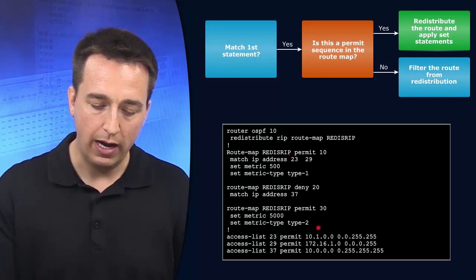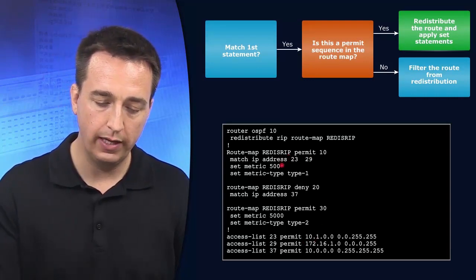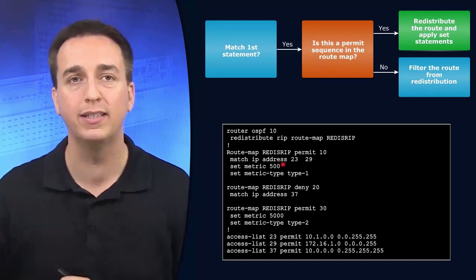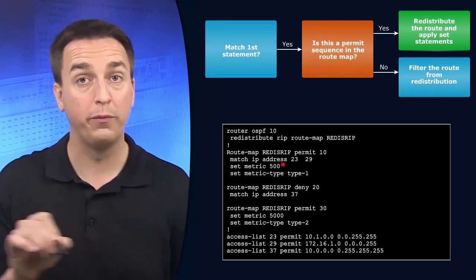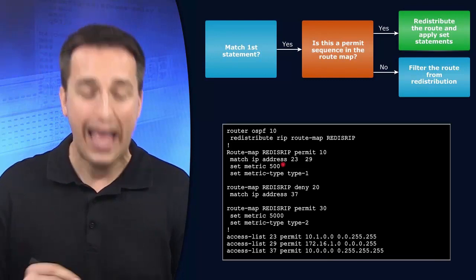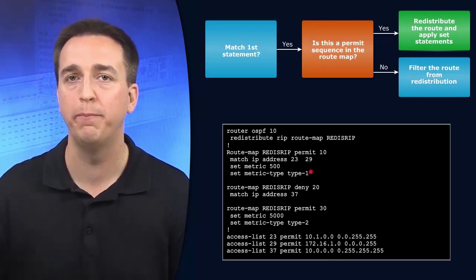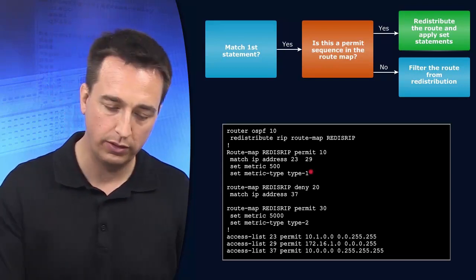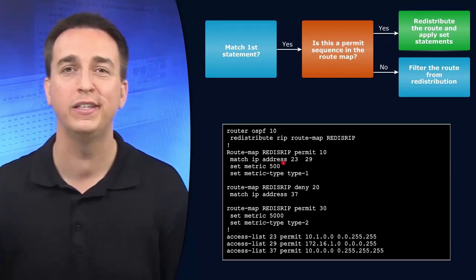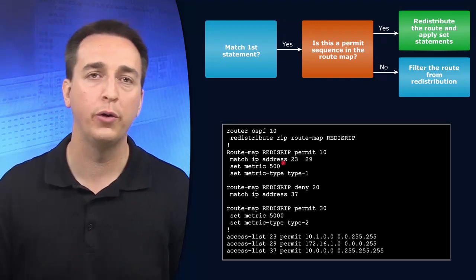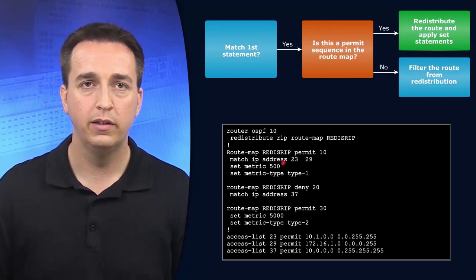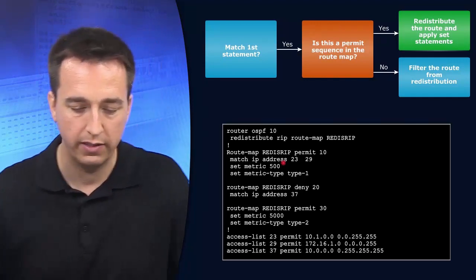If you match either of those two, then you will have a metric set to 500 when redistribution occurs, and you will have a metric type set to E1. The default metric type is E2, and the default metric is 20 when we redistribute into OSPF. So let's come up with our English sentence.